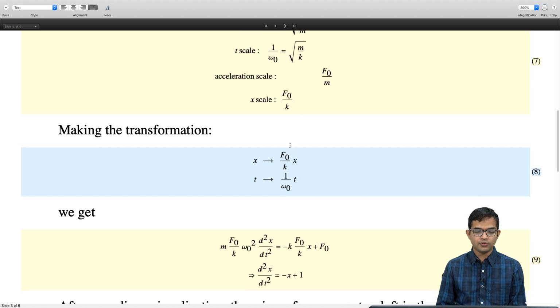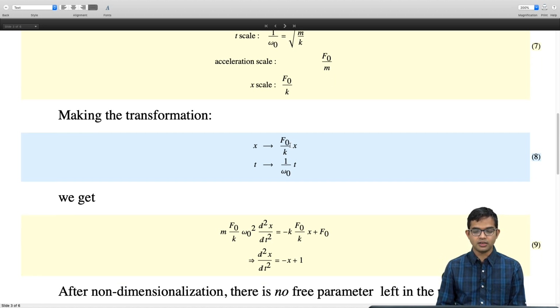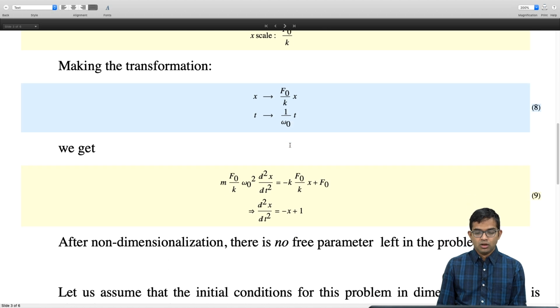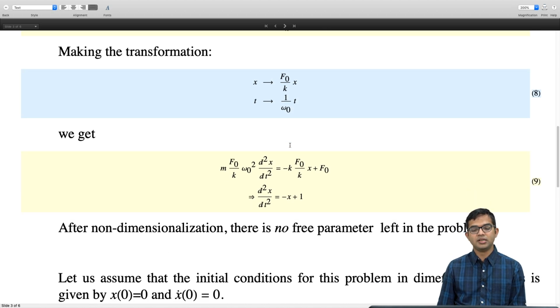So we find that the final differential equation after non-dimensionalization has no free parameter. It's just a simple differential equation involving no other parameters. We have already said that the initial conditions are taken to be x of 0 and x dot of 0 both equal to 0, which is an acceptable non-trivial initial condition for this problem.